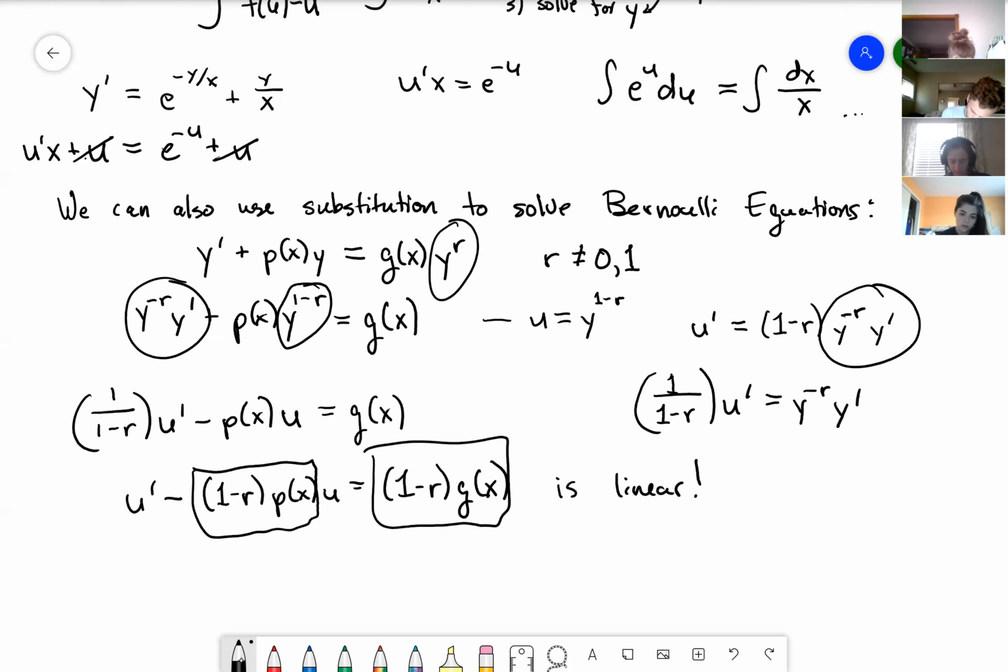We can just invert this equation right here. Raising both sides to the power of 1 over 1 minus r, we get u to the 1 over 1 minus r equal to y. And this would be how we would solve in terms of our original dependent variable.